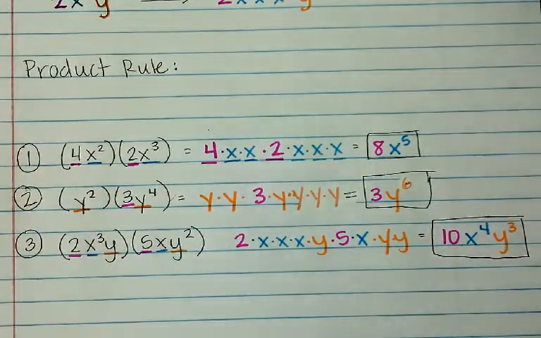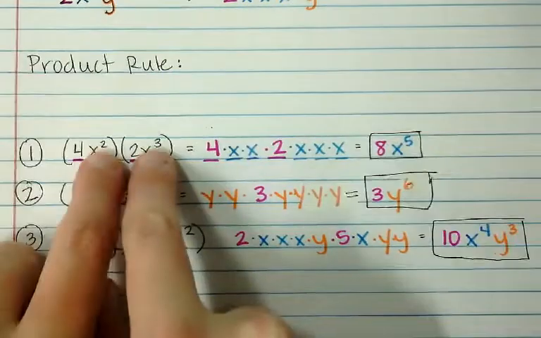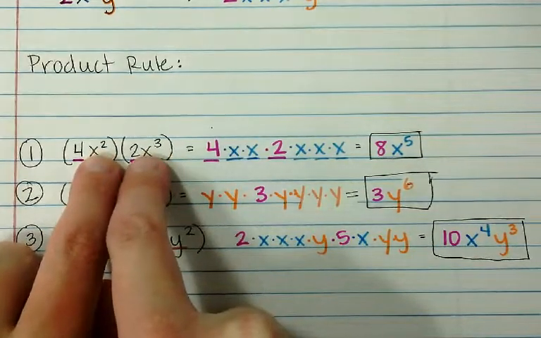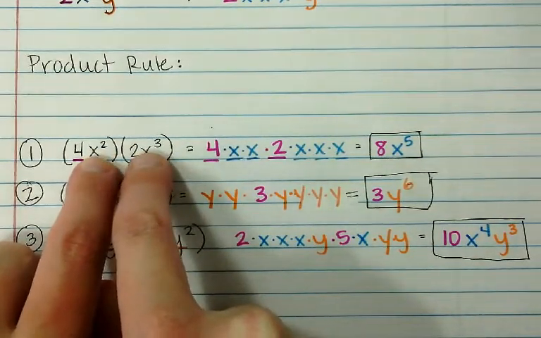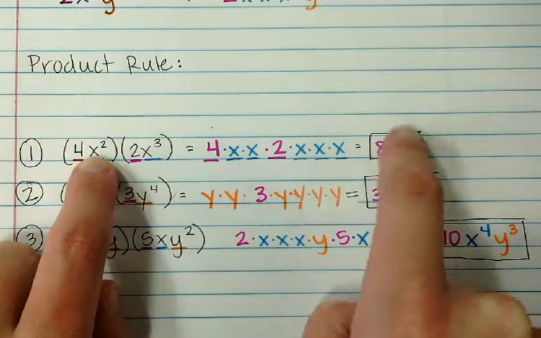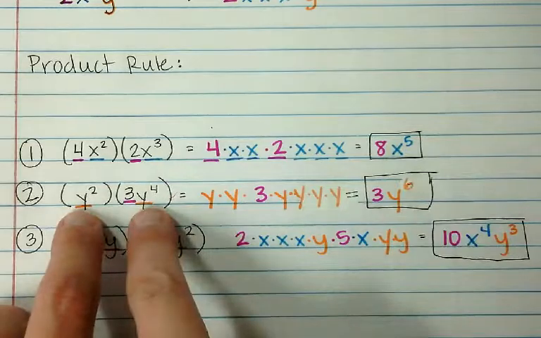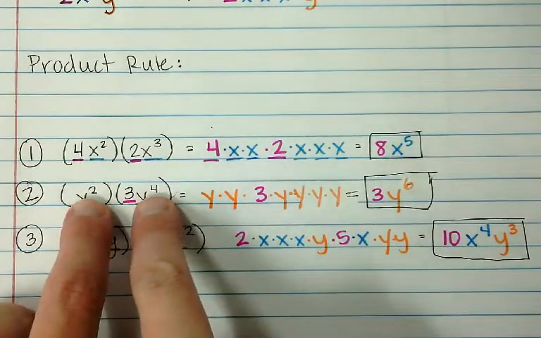What do you see, Andrea? You add your exponents together. Look at that. So your x exponents, 2 and 3, 2 plus 3 is 5. Okay, what about your y's? 2 plus 4 is 6.